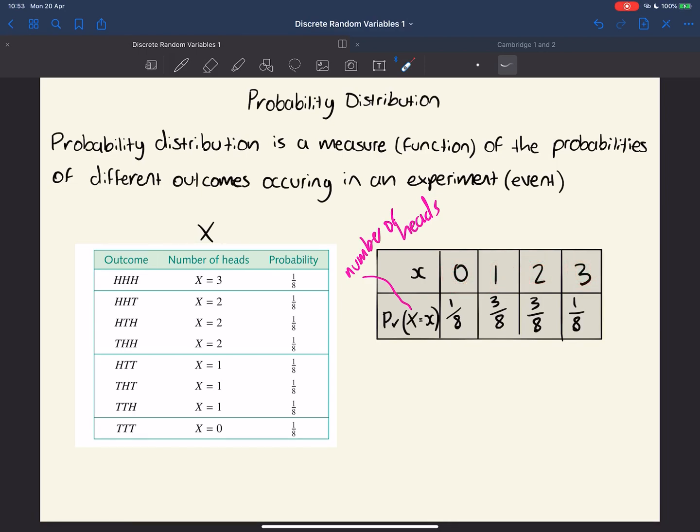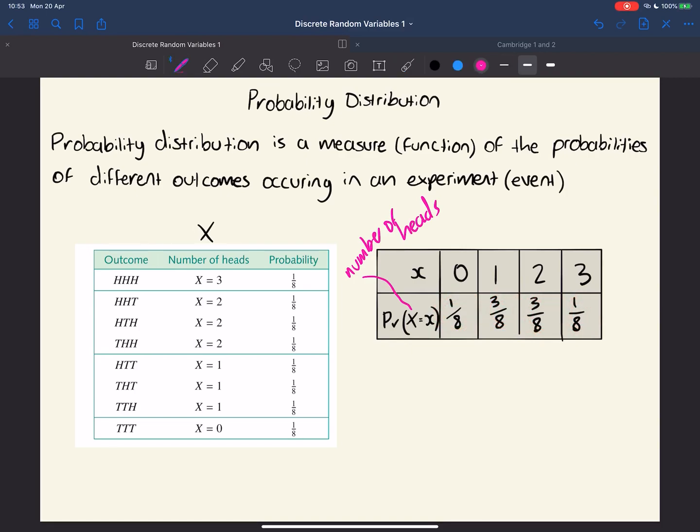I'll say that again: we're measuring the probability of each particular amount of heads occurring. It's the probability of the number of heads occurring a number of times, where x is either 0, 1, 2, or 3, and the solutions are here.